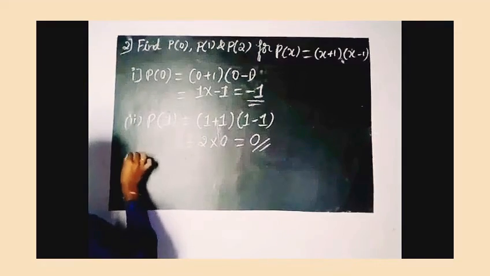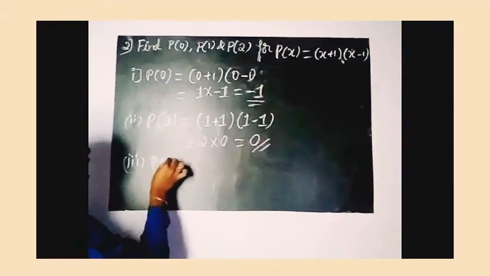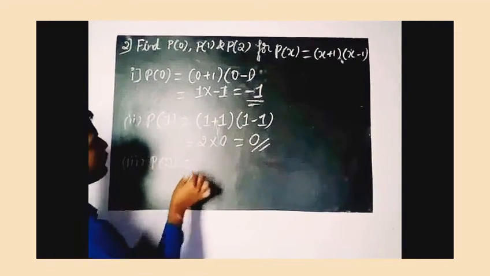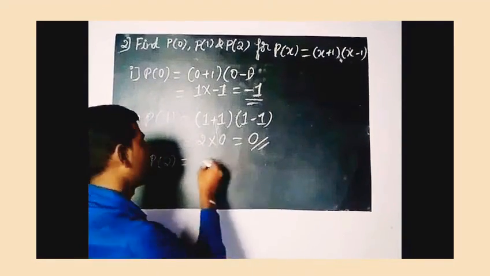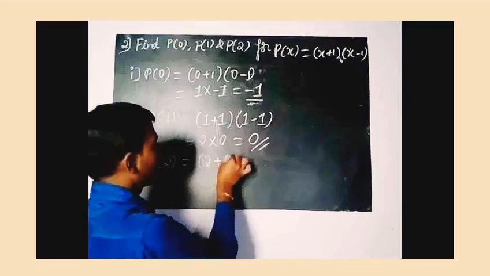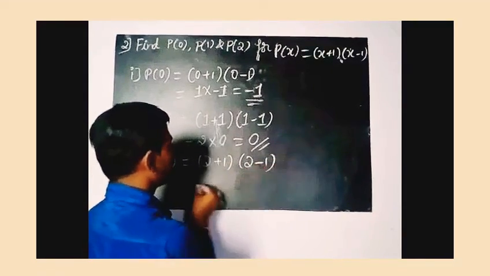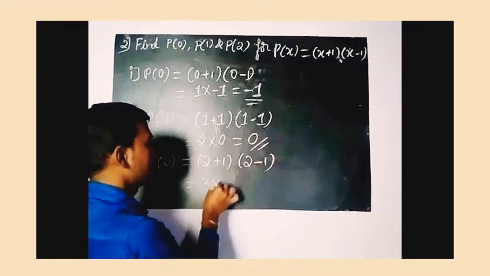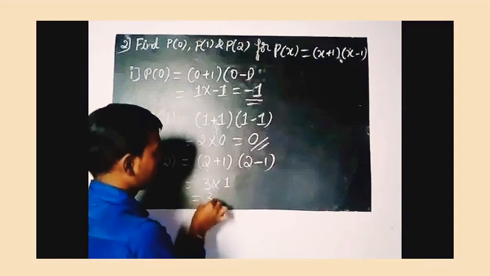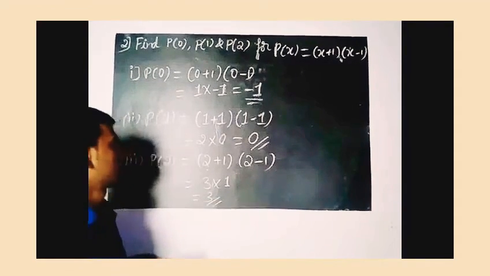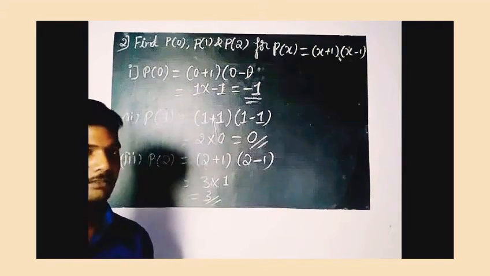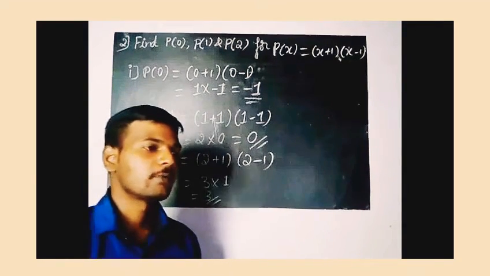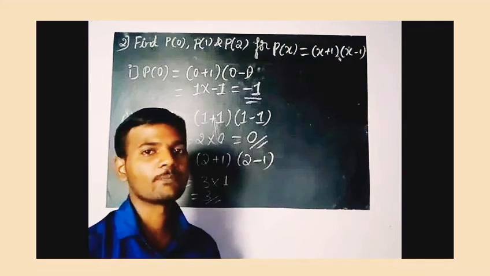Third one, p of 2. In p of 2, put the value of x as 2 in the polynomial. 2 plus 1 into 2 minus 1. 2 plus 1 is 3 into 1. That means 3. So when x is equal to 2, the value of the polynomial is 3. Okay. So in this way, we have to find the values of the polynomial.